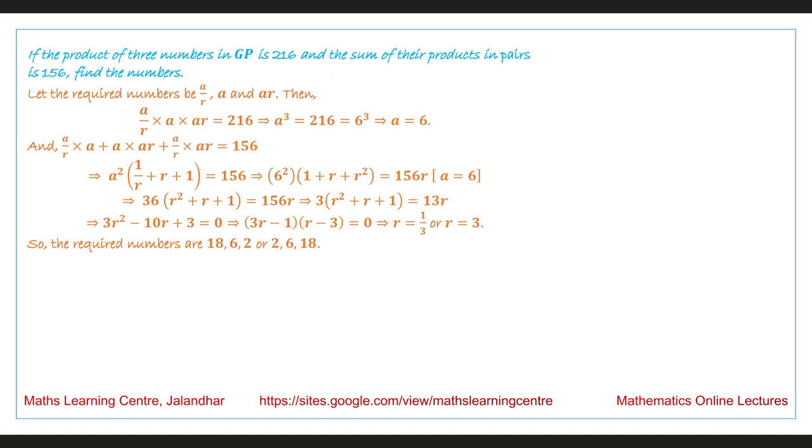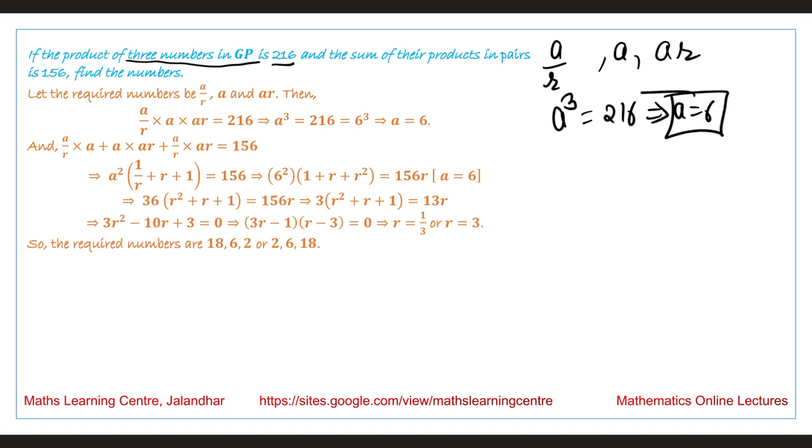Now next, the product of three terms in GP is 216. Again we consider the numbers as a/r, a and ar, and their product is 216, so a³ = 216, which implies a = 6. Now the sum of their products in pairs is 156, so a²/r + a² + a²r is 156.